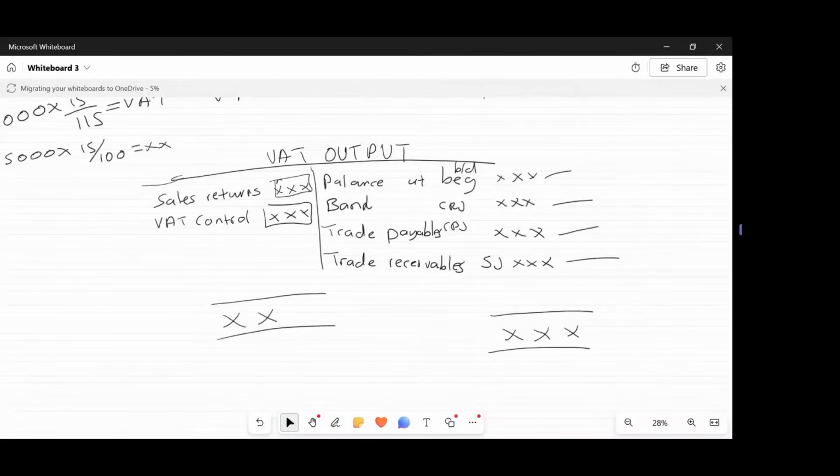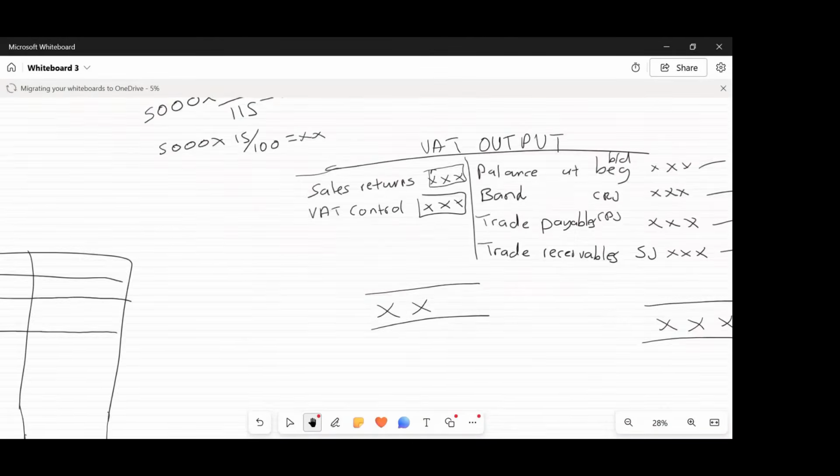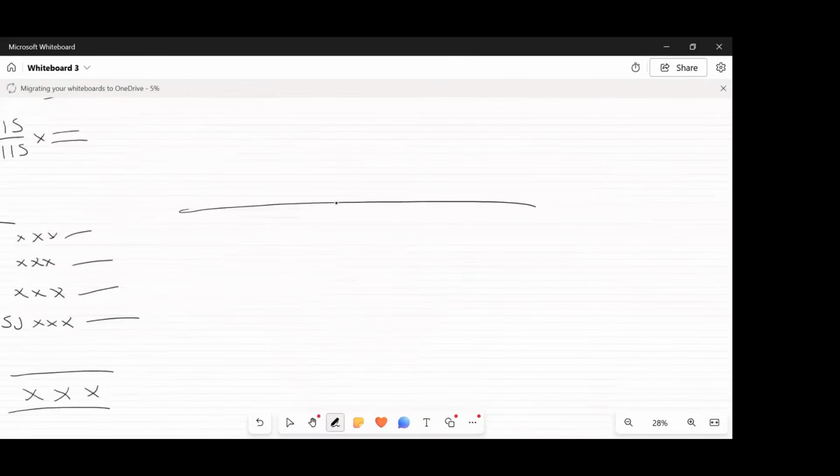Okay, and then let's proceed to VAT input. VAT input is one and the same thing, but the opposite of VAT output, meaning our balance at the beginning is on the debit side. We also have bank, the amount that we paid.